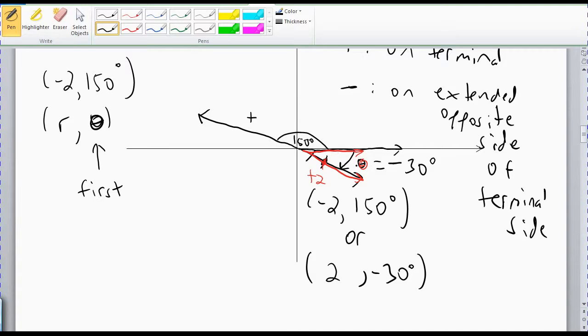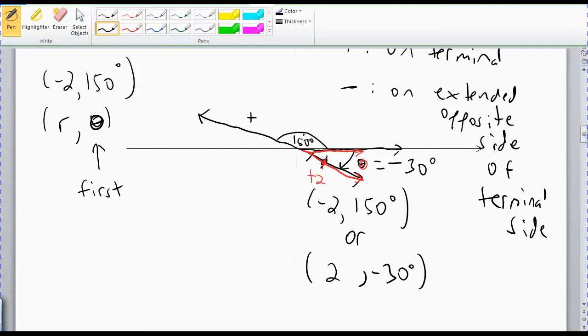It'd be negative 690 if I go that way. So it's actually not 690. Well, yes it is, because I'm going counterclockwise. So it does put it at 690. So I could say it's 2 comma 690 degrees. That's another way to write it. Or I could write it 2 comma 330 degrees.